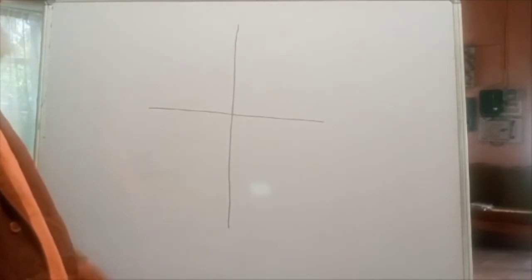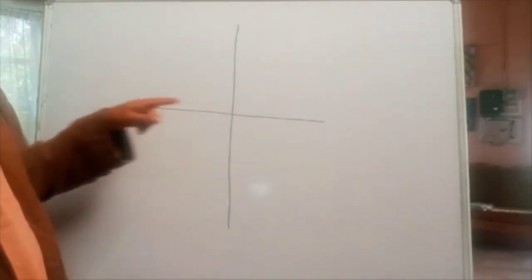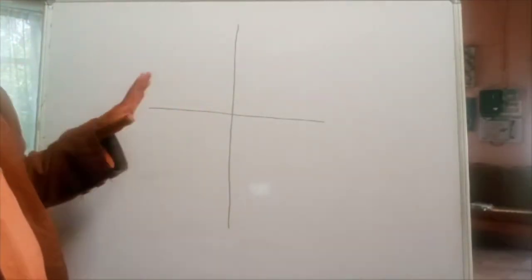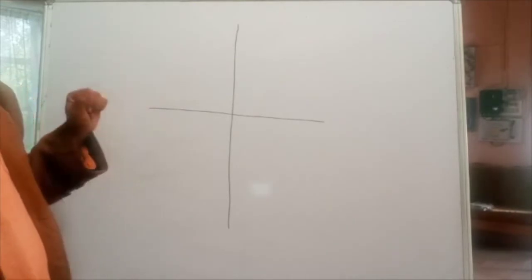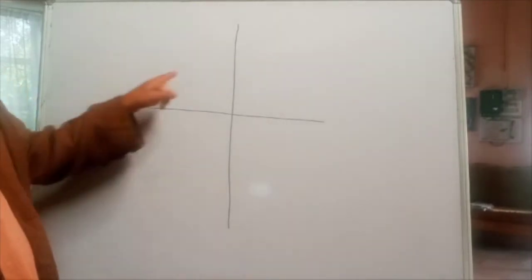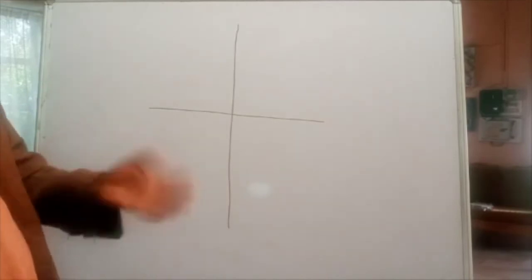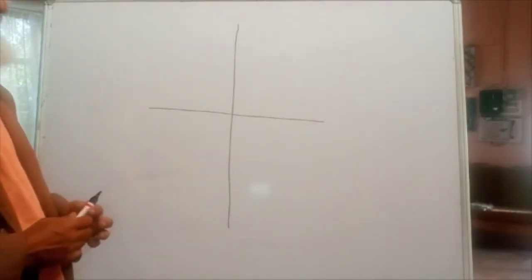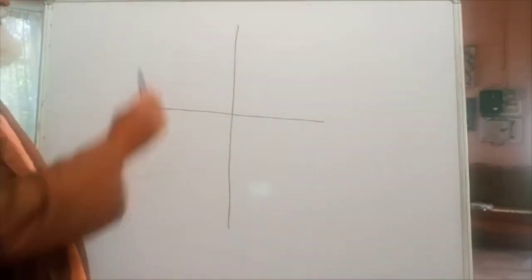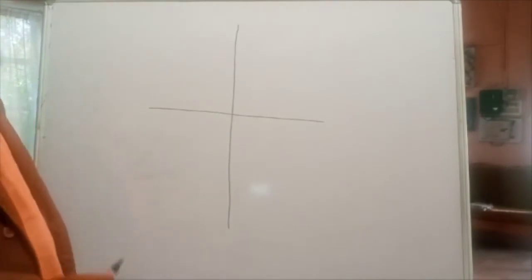So we get now a vertical and a horizontal. These are two movements of our consciousness. We also get 4 quadrants. We will talk about that later. So let us then mark our parameters.